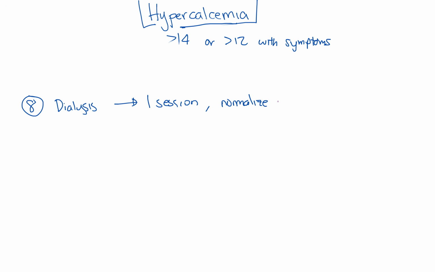How do we do that? We can use a low calcium and normal calcium bath on the dialysate. Just really take out all the calcium, normalize everything in a session. It'll get you out of a pinch, particularly really sick patients. Patients that maybe have really bad acute kidney injuries already, and you're not willing to waste time on them.